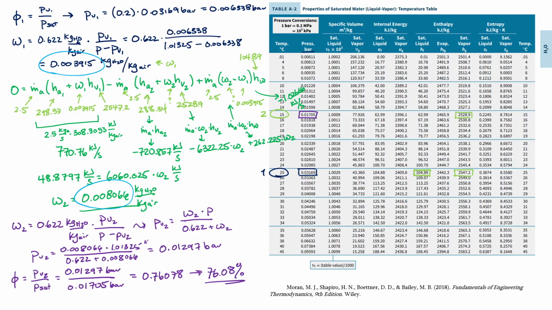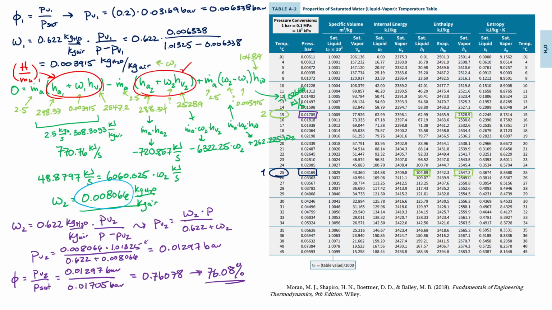So if I look at these values, this guy right here is H over MA for state 1.